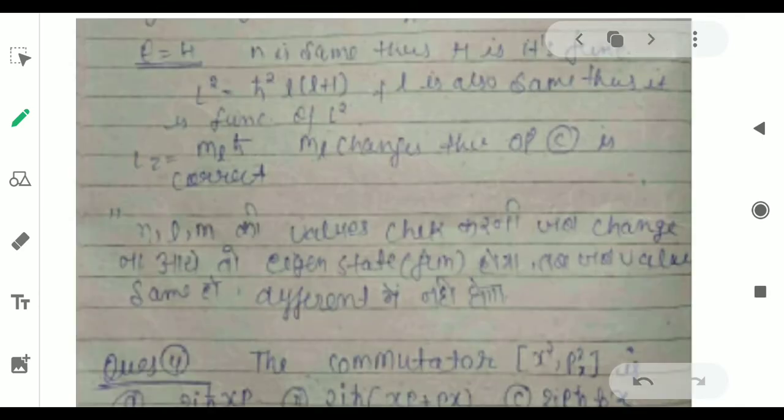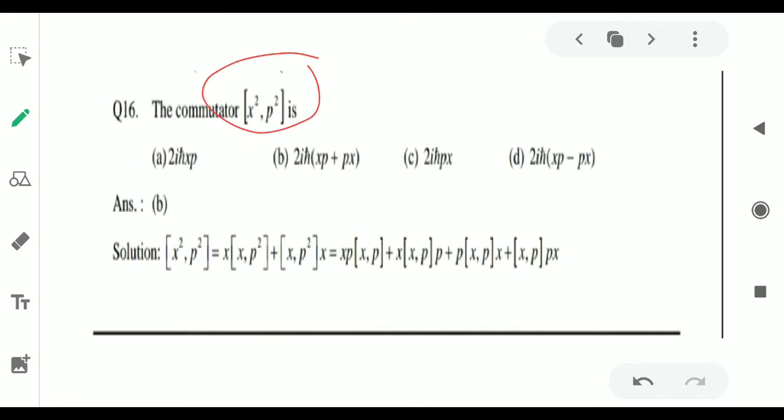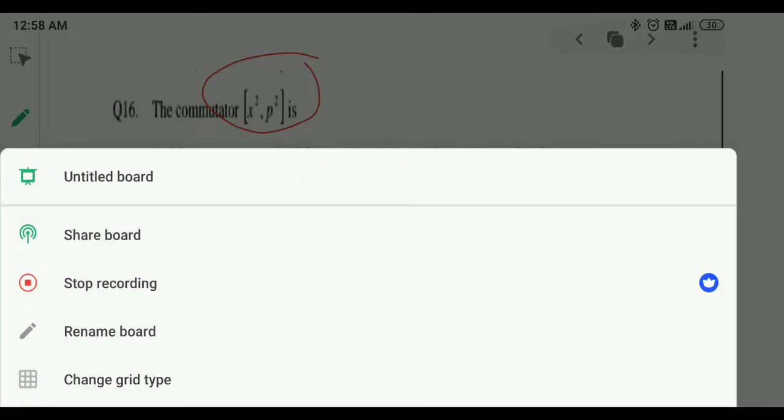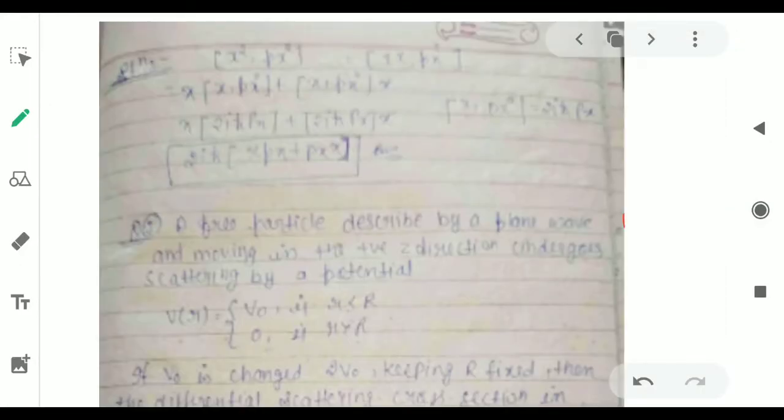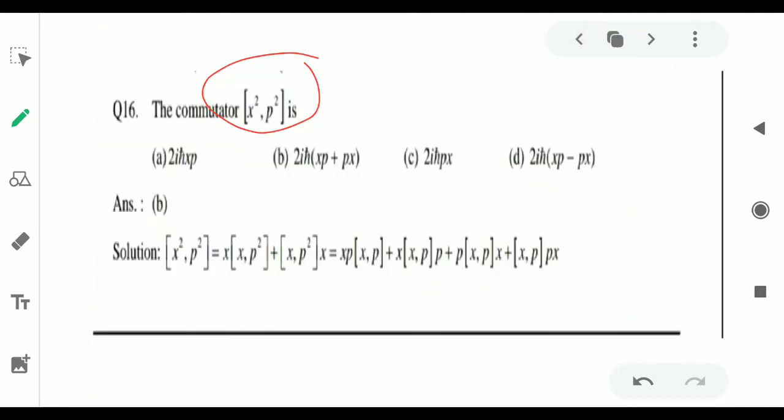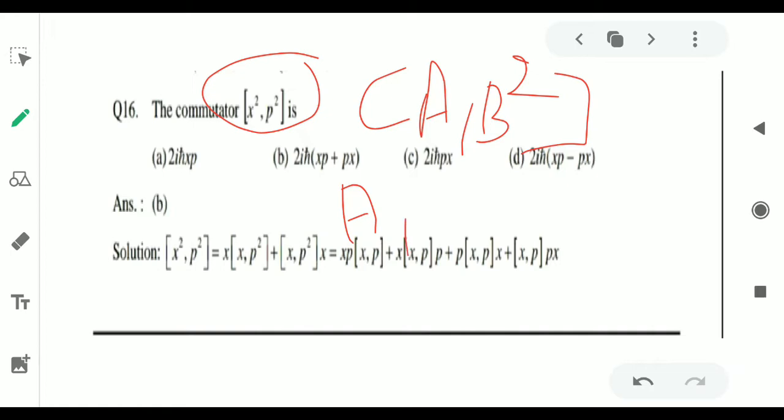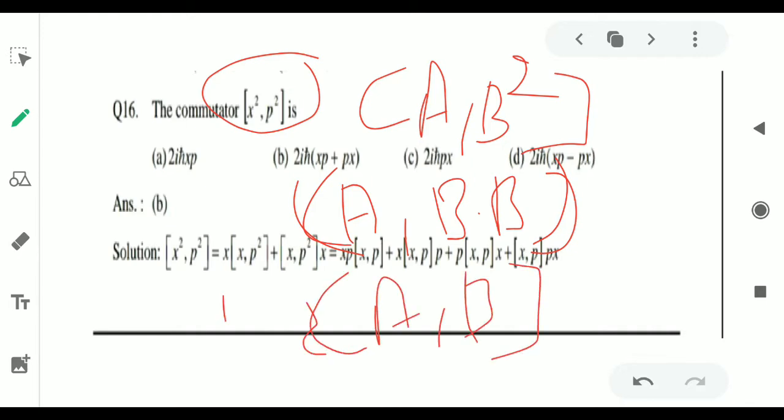Okay, the next question is, and this is a very easy question: find the commutator of x square plus p square with px square. So how can we solve this commutation relation? Okay, see this, I will tell a formula for how we can open this. If we are given the commutator with b square, we can solve this by writing it as b dot b, and after that we can write it as [a,b]b plus b[a,b], one time here and one time here.